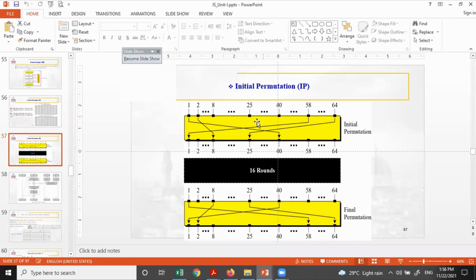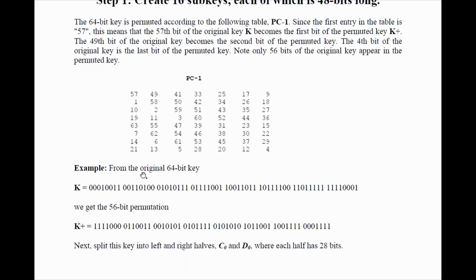You have to apply this logic to whatever data you have got. This is PC1. You are applying this logic to the key generation part, and some of the bits are not considered. This is a 64-bit key and this is a reduced 56-bit key.